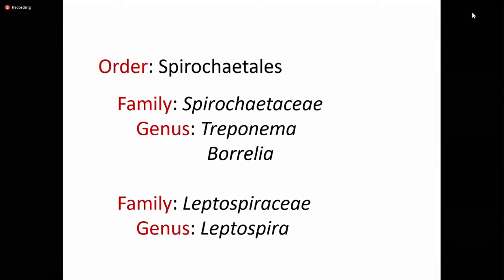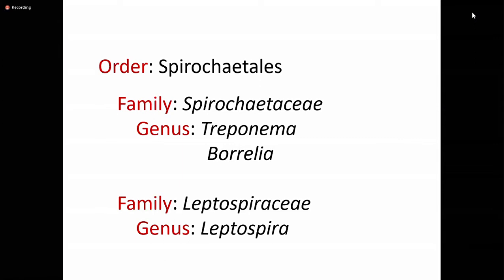Now, this is a group called spirochetes, order Spirochaetales, with two big families, Spirochaetaceae, with genera like Treponema and Borrelia. These are two important ones, and Leptospiraceae, with the genus Leptospira, causing leptospirosis.